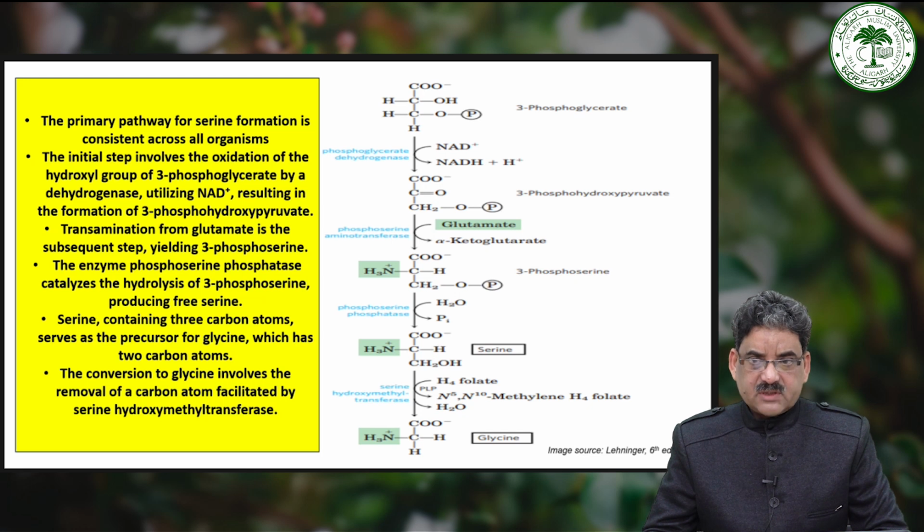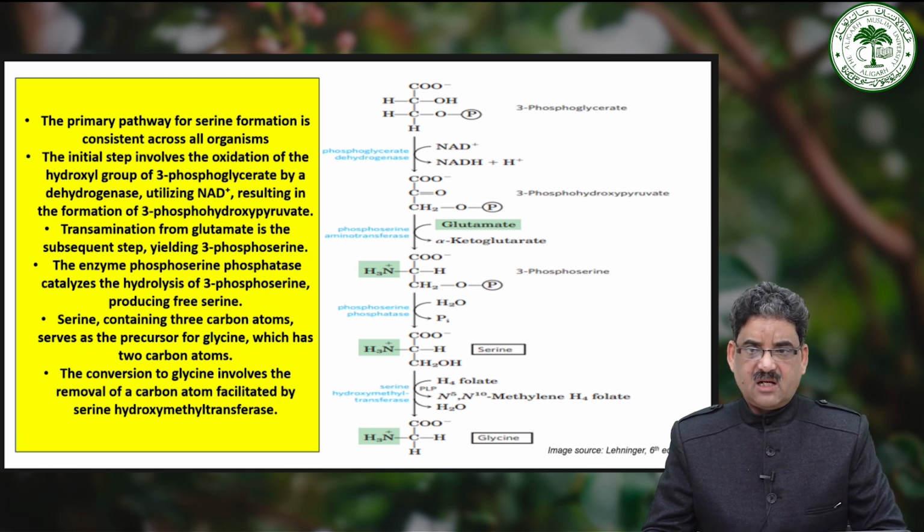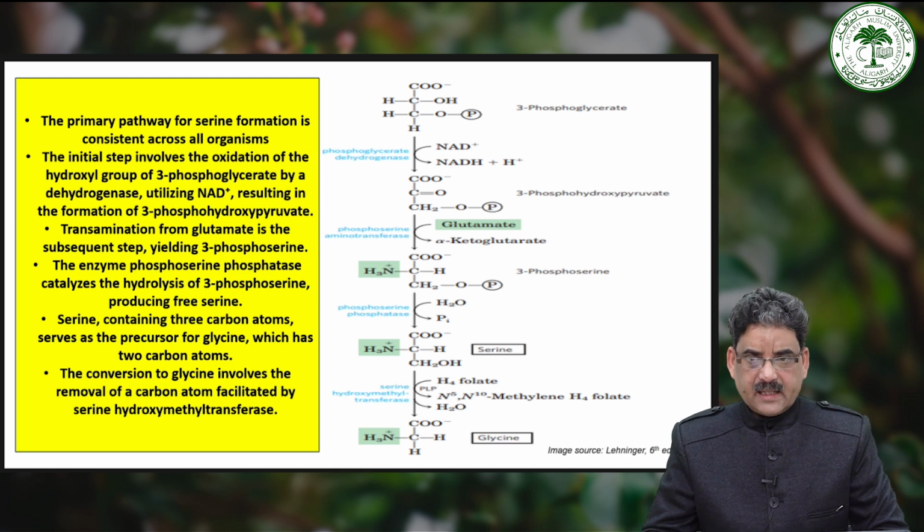Subsequently, phosphoserine phosphatase catalyzes the hydrolysis of 3-phosphoserine, yielding free serine. It's important to note that serine, consisting of 3 carbon atoms, acts as the precursor for glycine with 2 carbon atoms, achieved through the removal of a carbon atom mediated by serine hydroxymethyl transferase, as already mentioned in the figure.